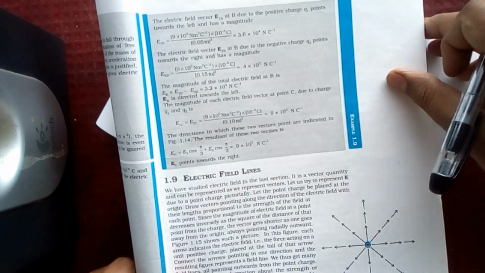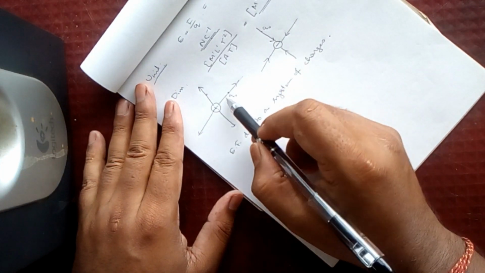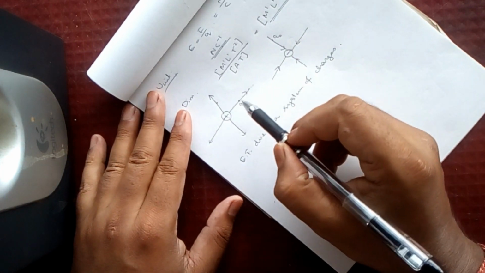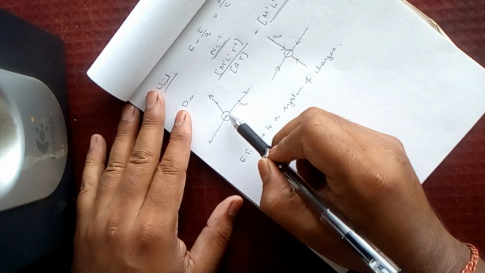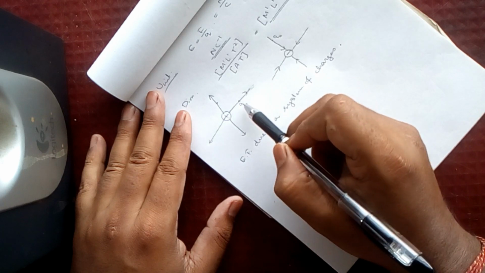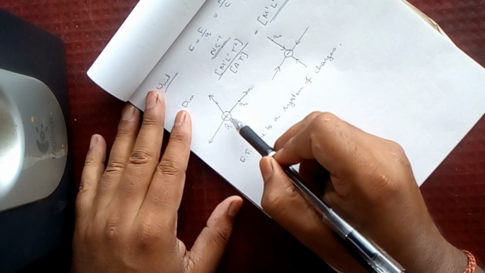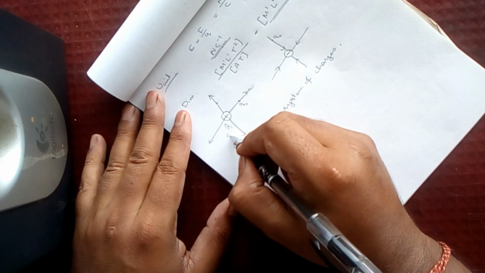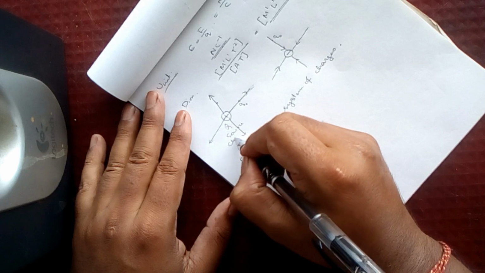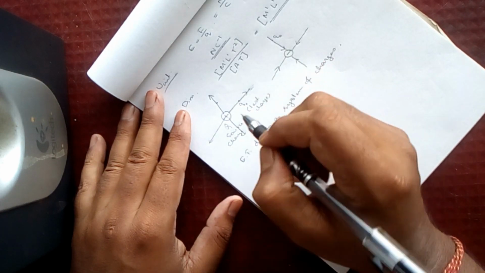So the next topic that we need to discuss is electric field lines. Electric field lines. So let us go back to this example. If I put this charge here, it will be repelled along this direction. So I can say that this is the direction in which a charge will move in the electric field produced by this charge. This type of charge is called a source charge, and this one is called a test charge.